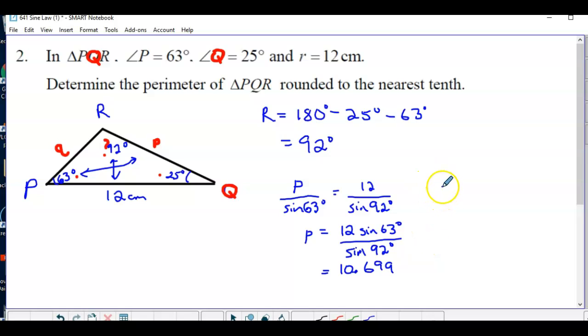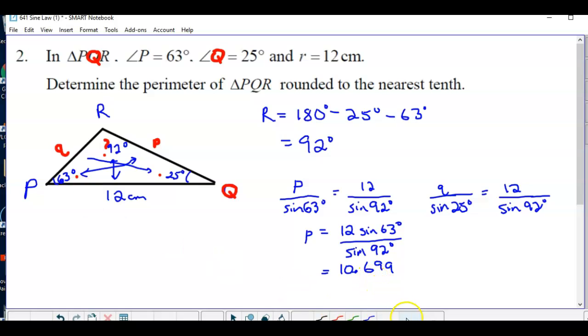Then to get Q, so now Q over sine of 25 degrees, the angle opposite, and I use the same pair, the 12 over sine of 92. Now you could use 10.699 over sine of 63, but that's rounded.